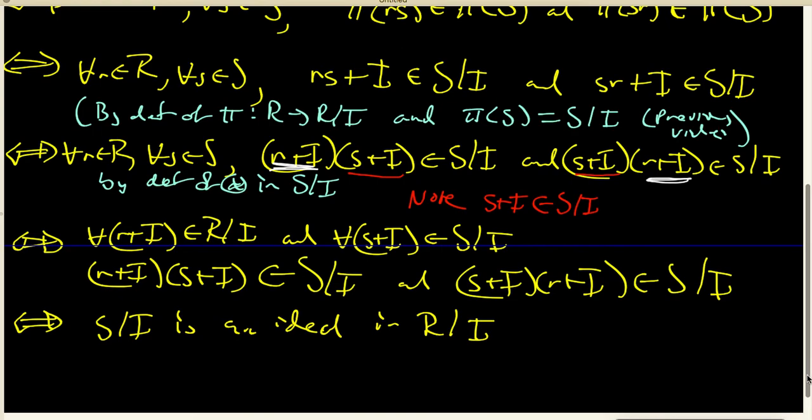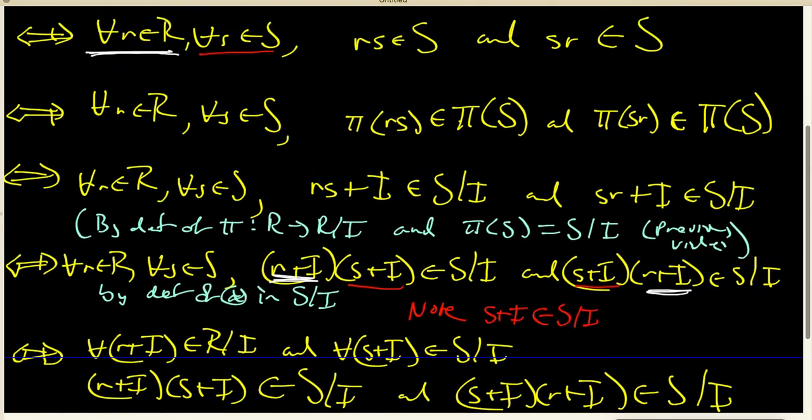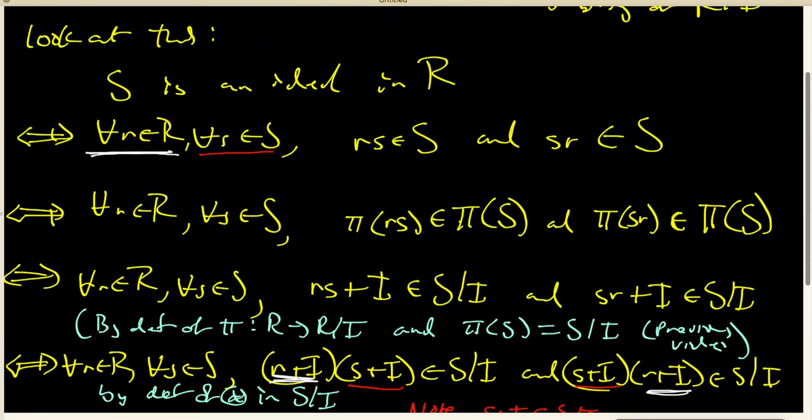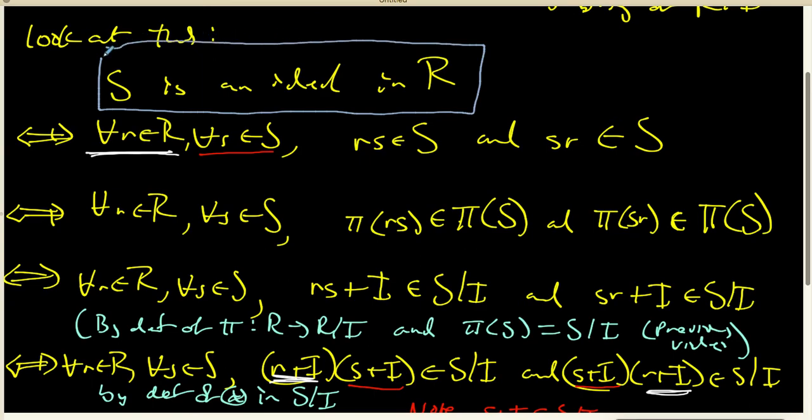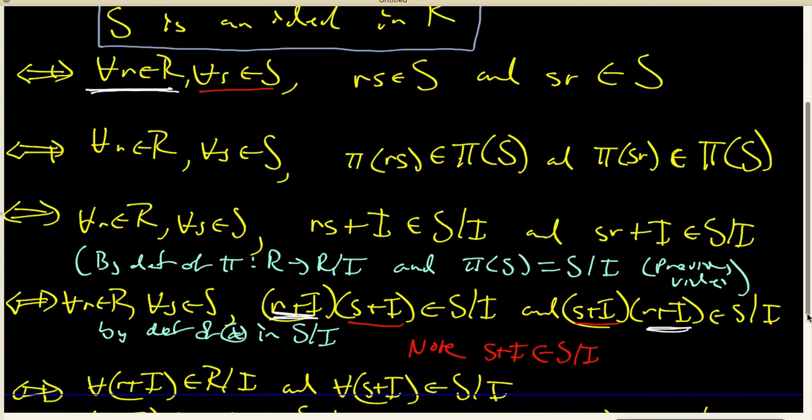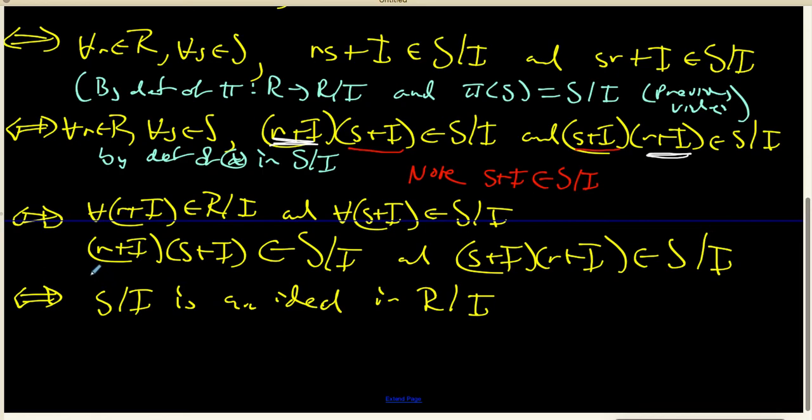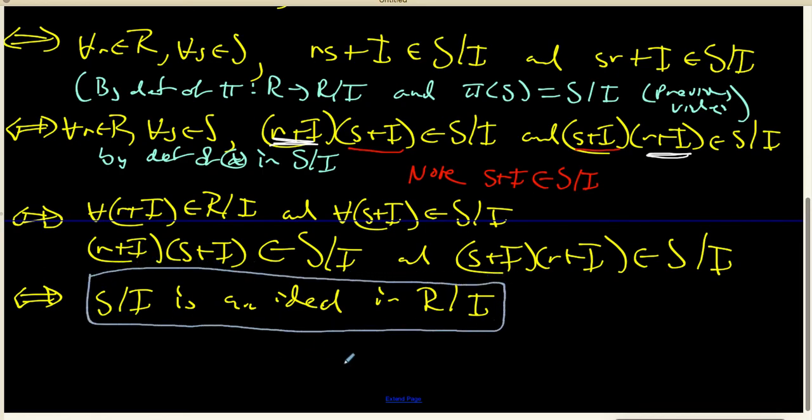And so when we put this all together, we have to box some stuff in. S is an ideal in R if and only if S/I is an ideal in R/I.